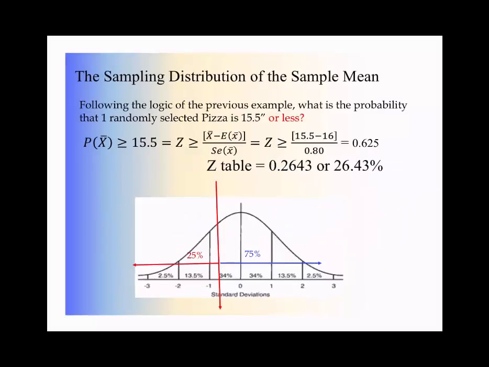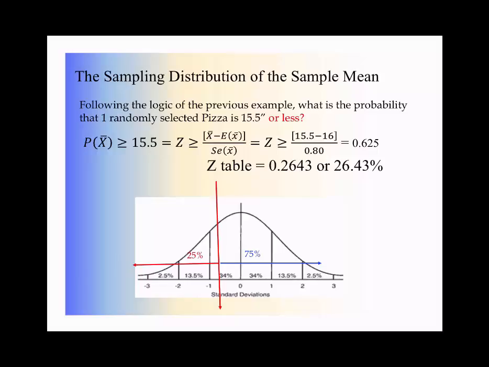Now, to illustrate this a little bit further, let's take this back to our pizzas. We want to find out the probability that one randomly selected pizza is actually 15.5 inches or less. We wouldn't want to be ordering a pizza that is actually smaller than its advertised size. So what is the chance that any pizza from this same place would be only 15.5 inches or smaller?